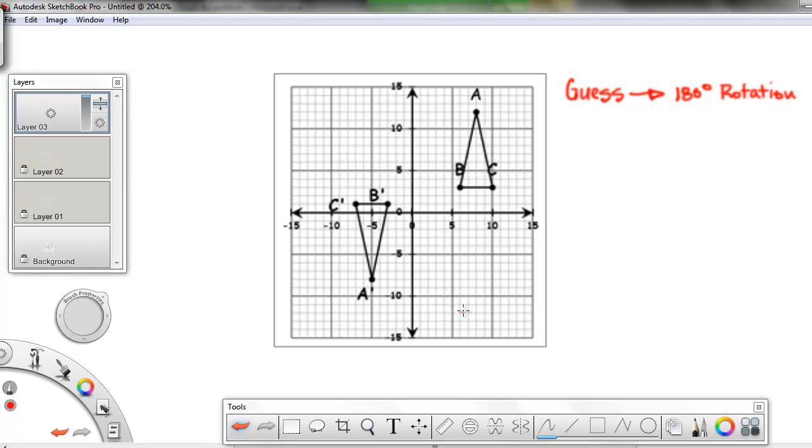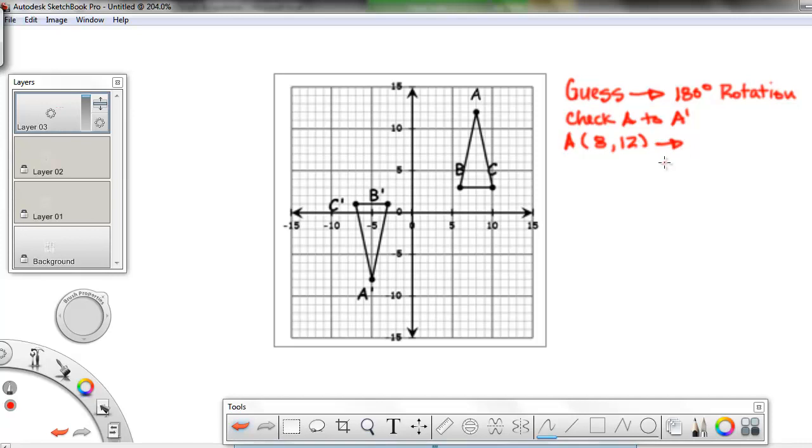Okay, let's take a look at A and A prime. I think that would be a good spot to begin. A is located at, looks like, 8 and 12.